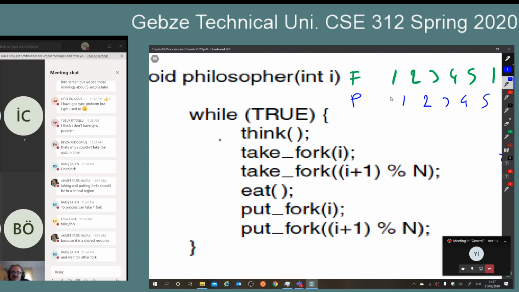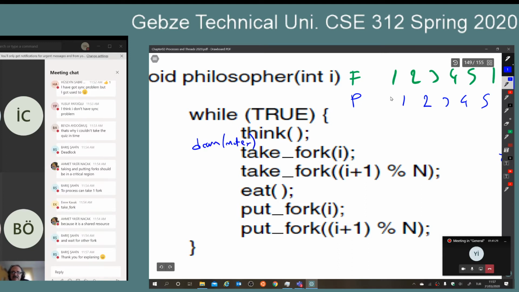Let's do this, here at this position: down mutex, up mutex. Does this solve the problem?